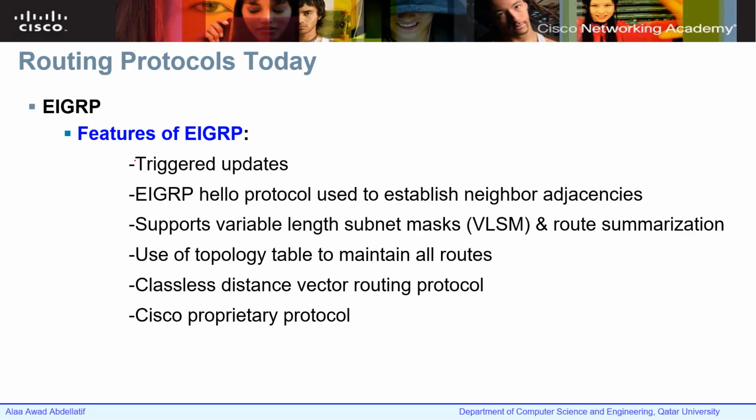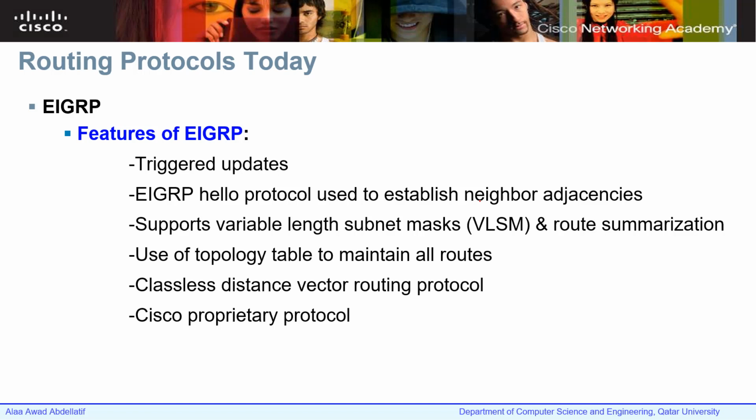It uses hello packets to discover neighbors. When we start at the beginning, each router will send a hello message to neighbor routers, to exchange IPs and know how many routers are around me. So we send a hello message at the beginning to discover each other.